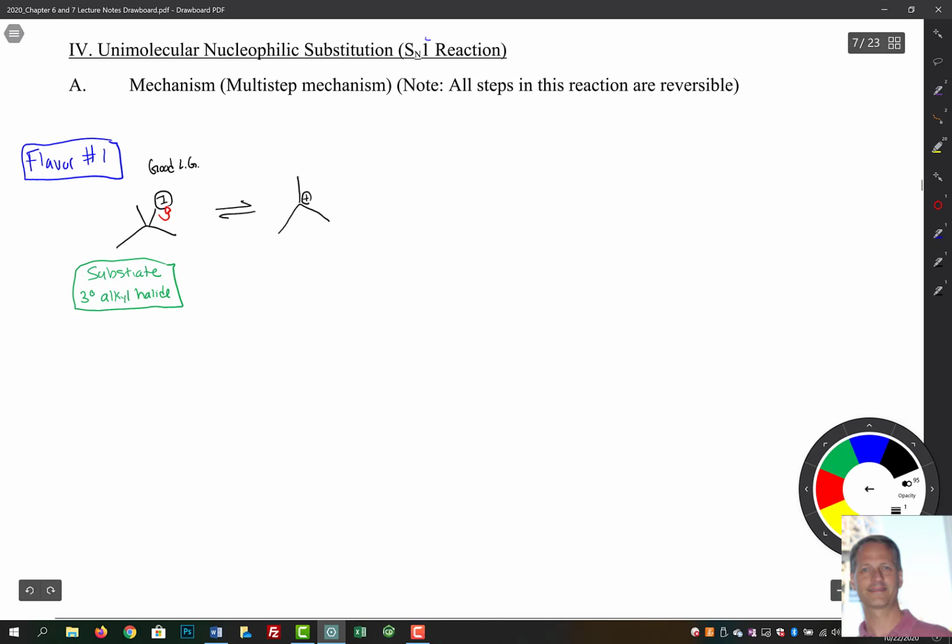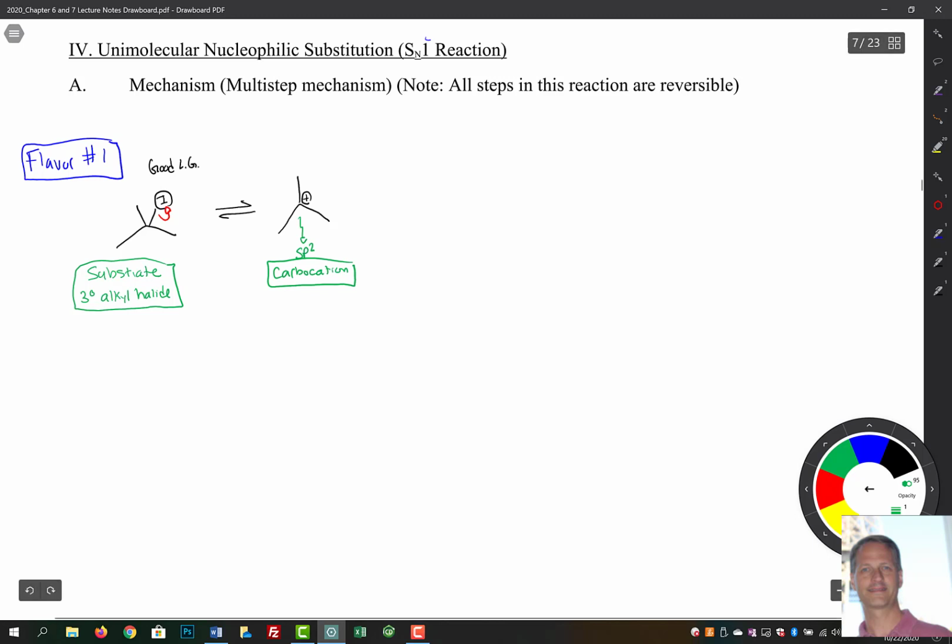Now what do we have? This is a carbocation, and the carbon that we have right here, that carbon is sp2 hybridized. So just make a note here, we have a carbocation, sp2.